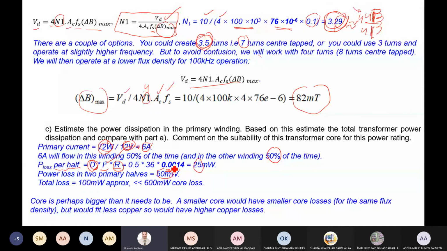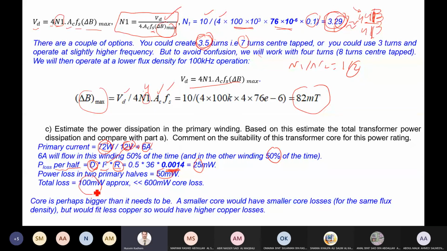This is the total primary loss. Then how much should I lose in the secondary winding? It is supposed to be double, because the ratio N1 to N2 is 1 to 2. So I need to multiply by 2, so it will be 100.